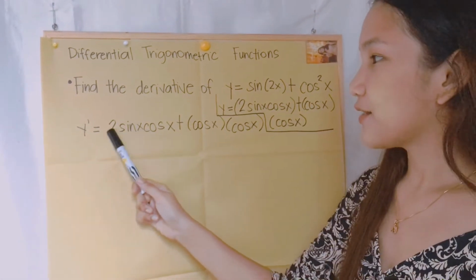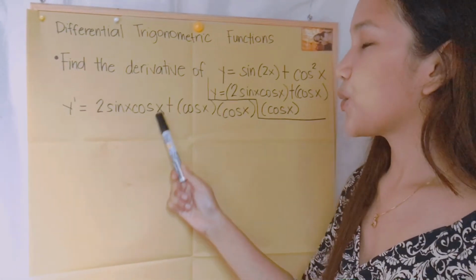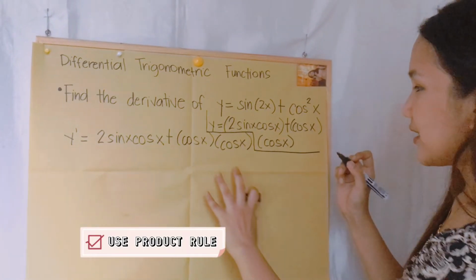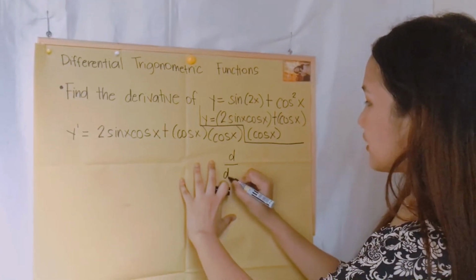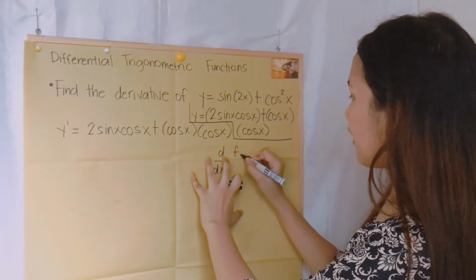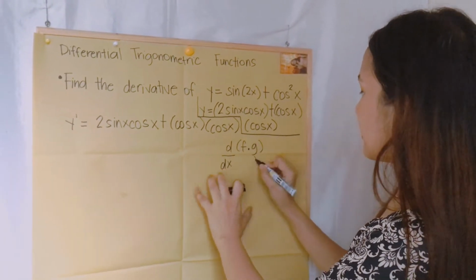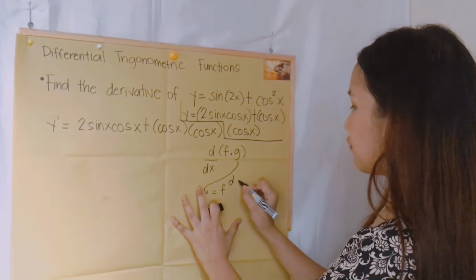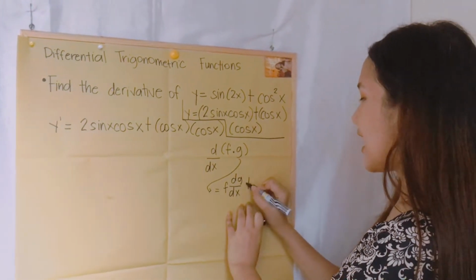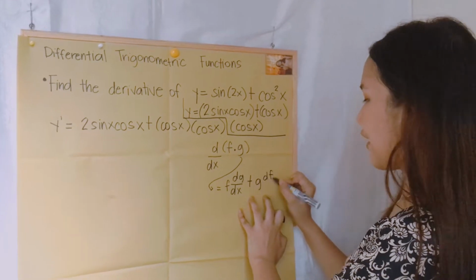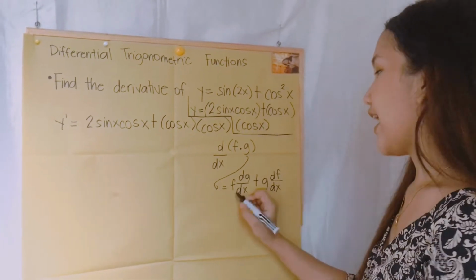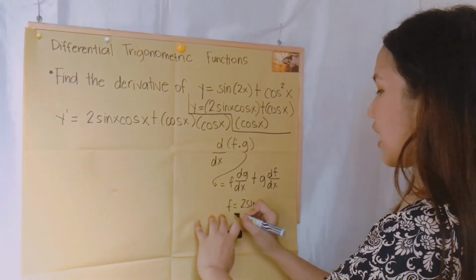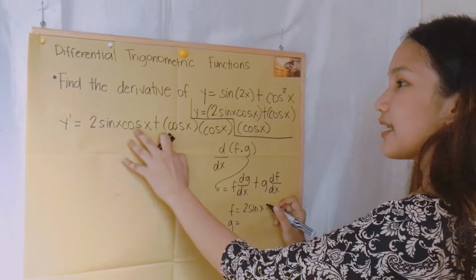To solve this first term, which is 2 sine x cos x, we are going to use the product rule, which means the derivative of f times g is equal to f times the derivative of g over dx plus g times the derivative of f over dx. So our f is the 2 sine x and our g is the cos x.